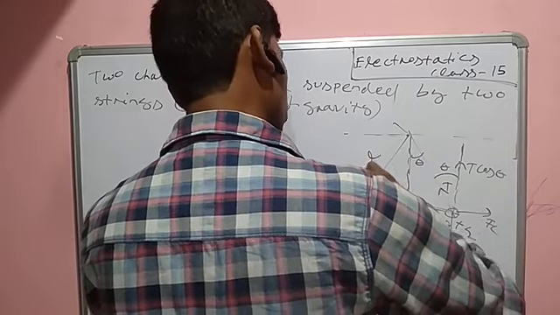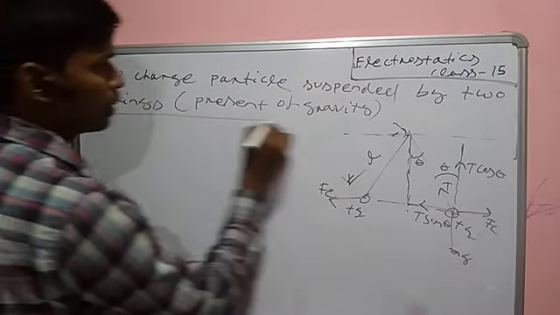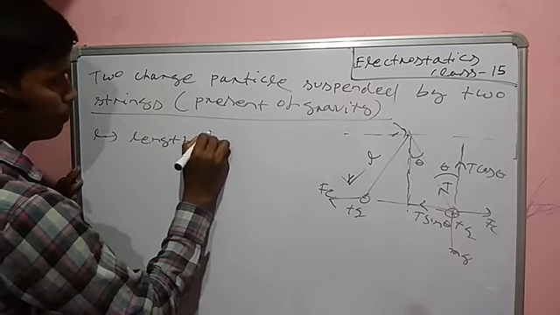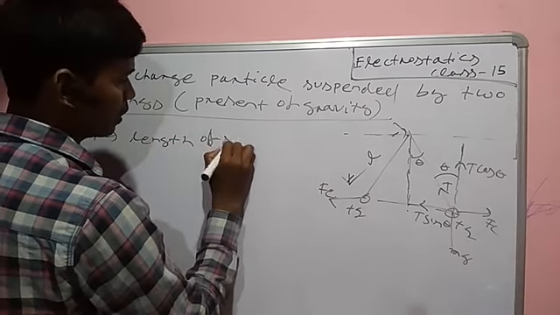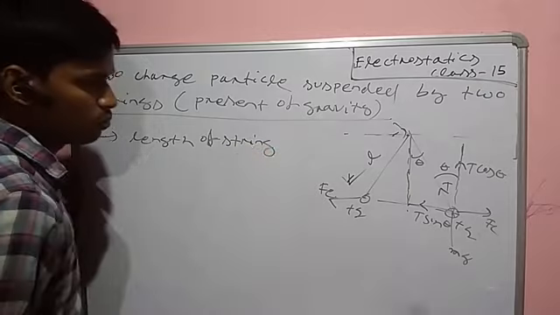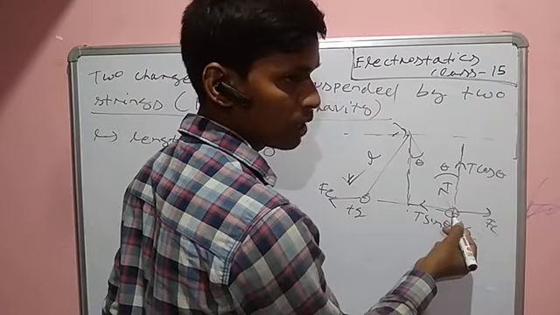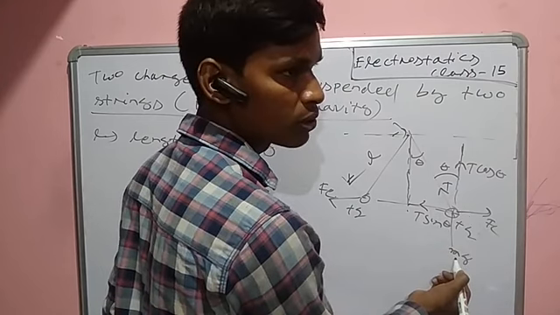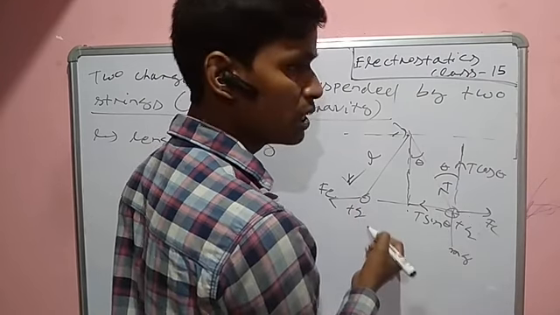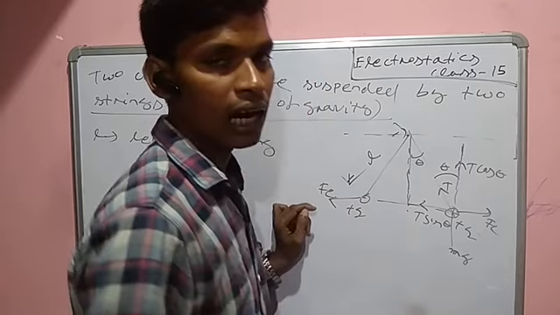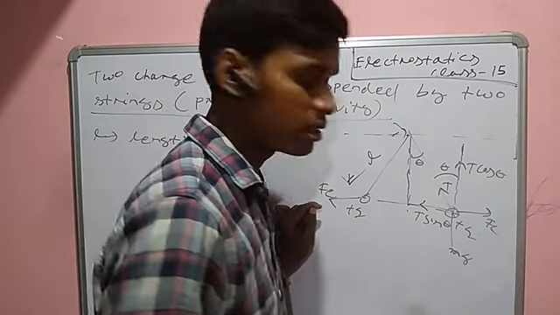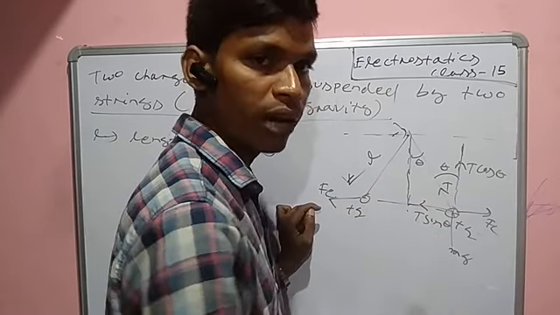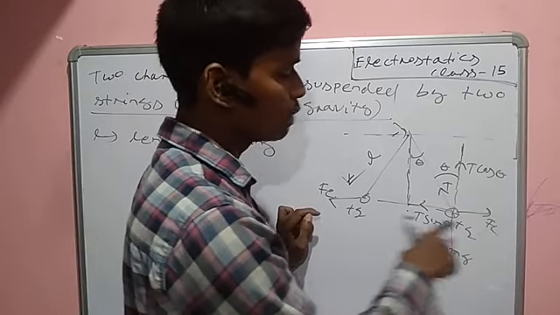The length of each string is L. These are positive charges having the same mass m and weight mg acting downward. The force between two charges is F, which is k q square by r square.